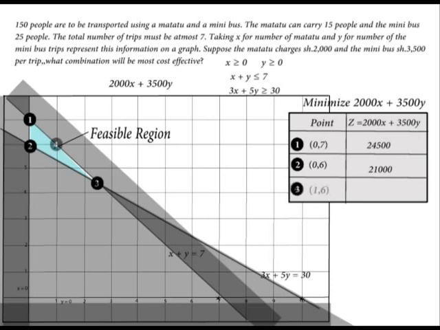We number it 4. What will be the cost here? We substitute in the objective function. 2,000 times 1 plus 3,500 times 6 will give us 23,000. Looking at all the corners, the most cost-effective approach will be at point 2, and that will cost 21,000 shillings.